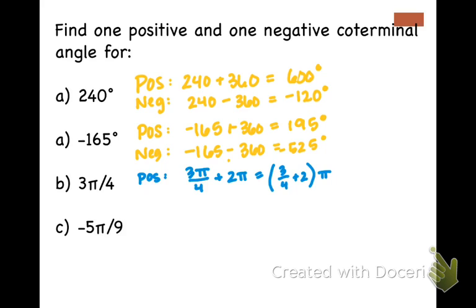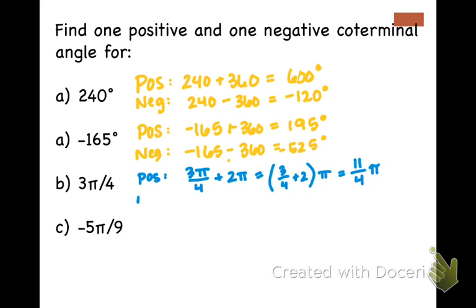You can use your calculator to do 3/4 plus 2, which is 2 and 3/4. Or you can do the conversion: make that 2 into 8/4, and 8 plus 3 gives me 11. Or I can do what's inside the parentheses in my calculator, and then use math frac and get 11 over 4 pi. That's my positive.